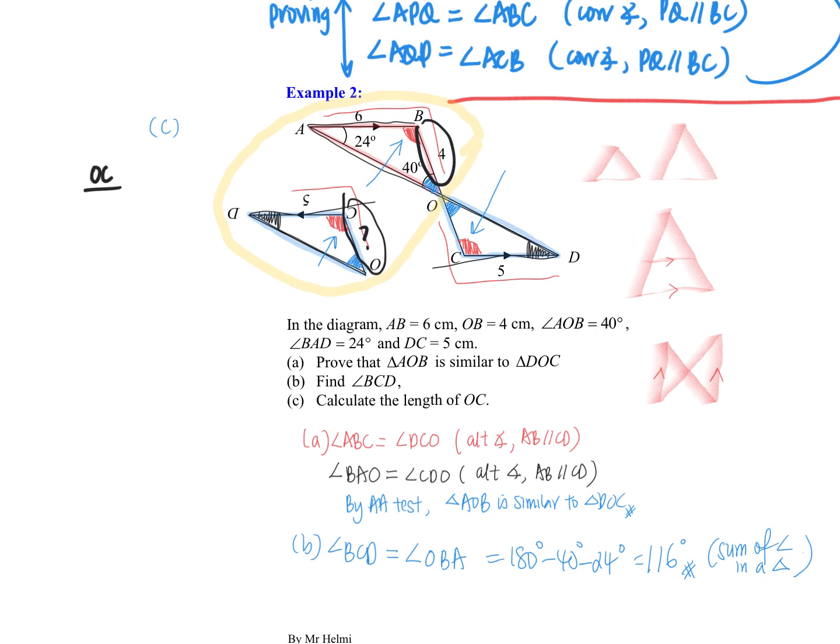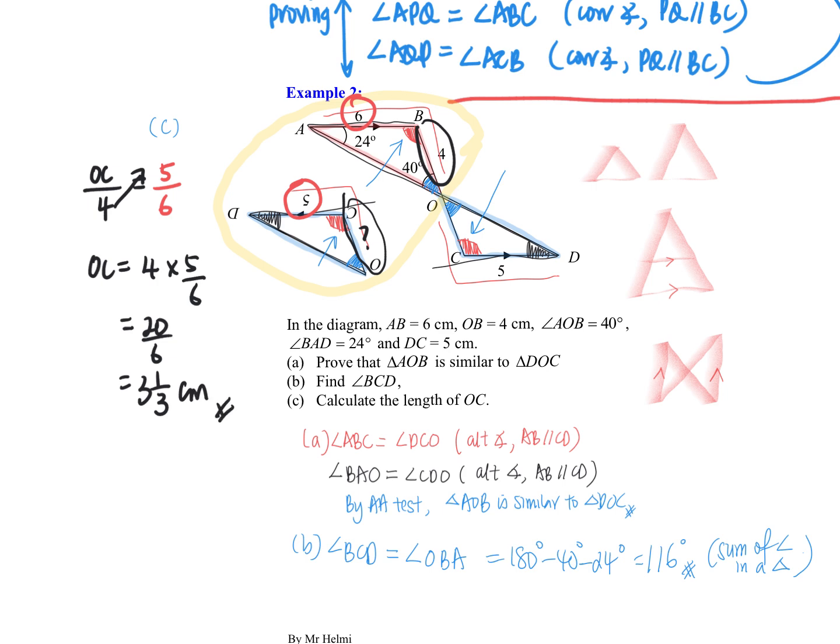OC compared with 4 should be the same as 5 compared with 6. So the ratio must be the same. You cross multiply and solve it. So 4 times 5 over 6, you get 20 over 6, which is 3 1/3, or you can write 3 and 3 with a dot.